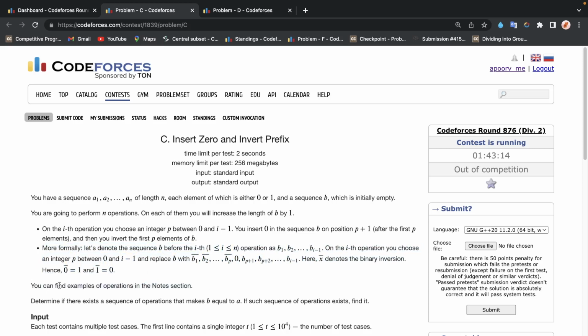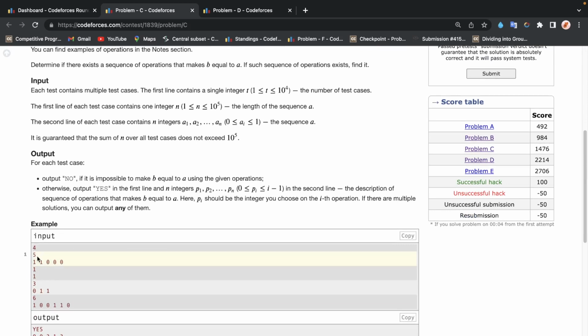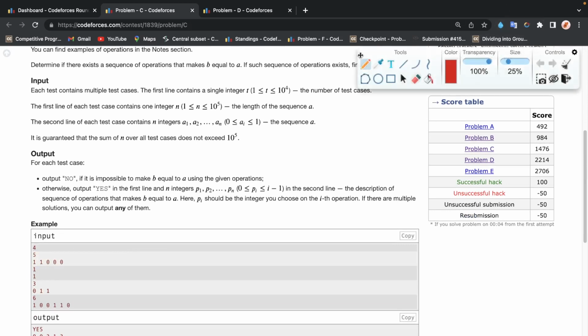Okay, you can first determine if there is a sequence of operations that makes B equal to such a sequence. Okay, so this is fun. So what I care about is this. After all the operations, initially I should have 0.